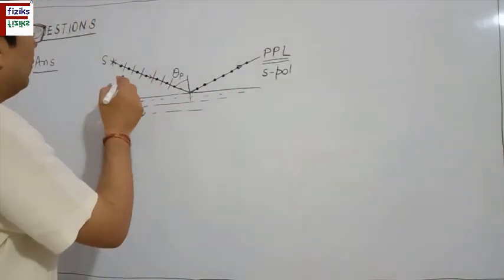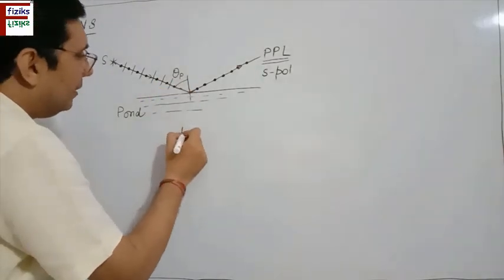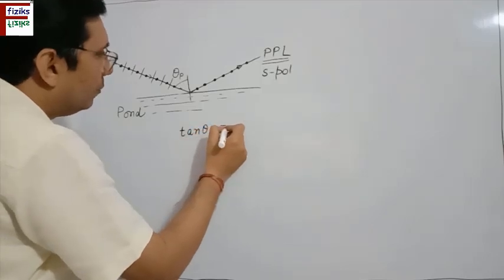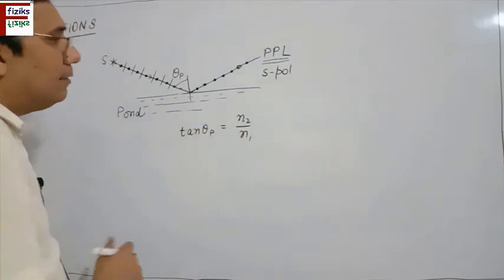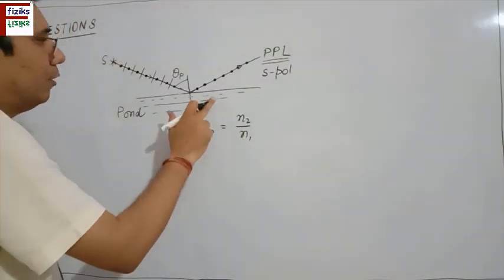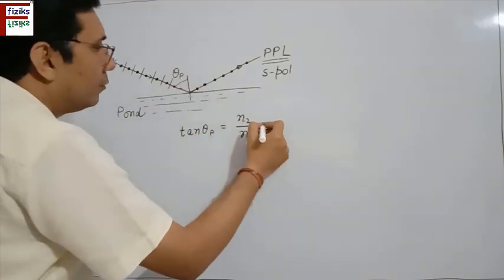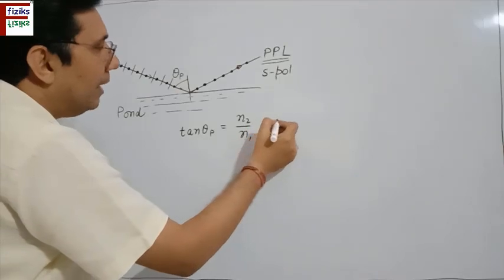First we have to calculate this theta p. Tan theta p equals N2 by N1, where N2 is the refractive index of water and N1 is the refractive index of air. So this will be N2 upon 1, or just N2.